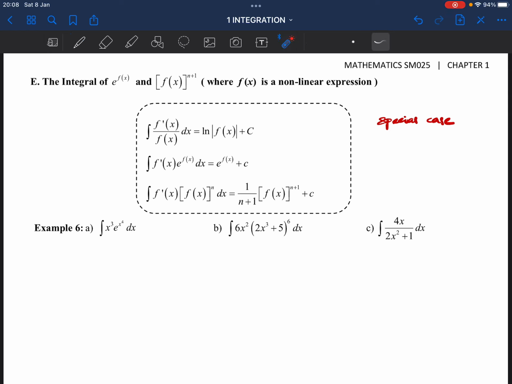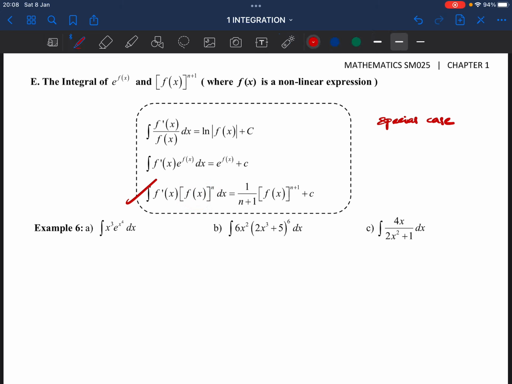Okay, so 6x squared times 2x cubed plus 5 power 6. Okay, so let's see this part here. This one here. Okay, so this is your f(x) with power n.